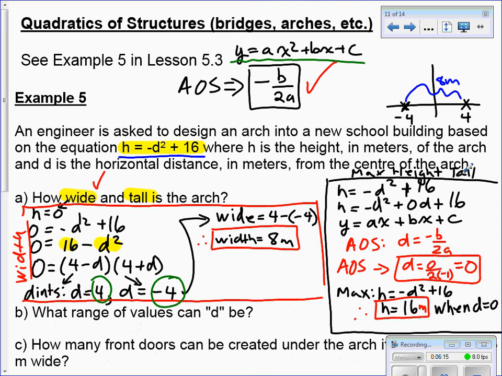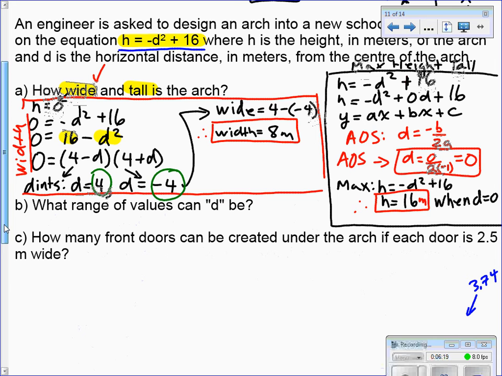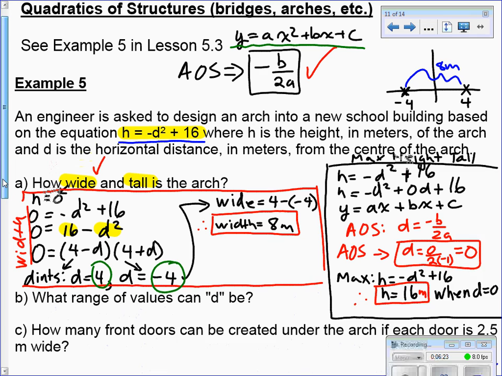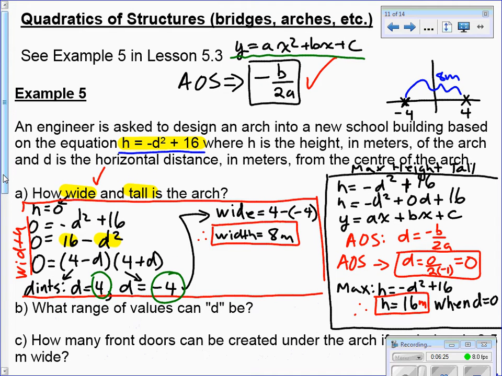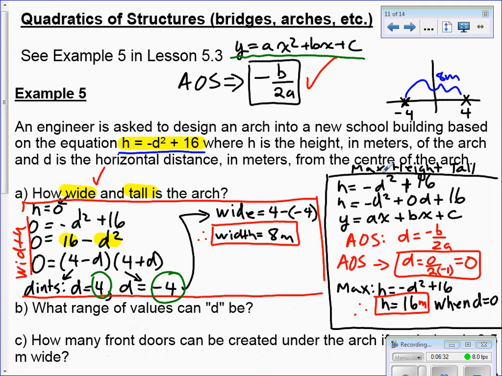Now, we're almost done. Based on that information, it says, what ranges can d take on? If we take a look at our graph, I'm just going to highlight this. Notice, I'm going to go from here all the way to here on my graph.